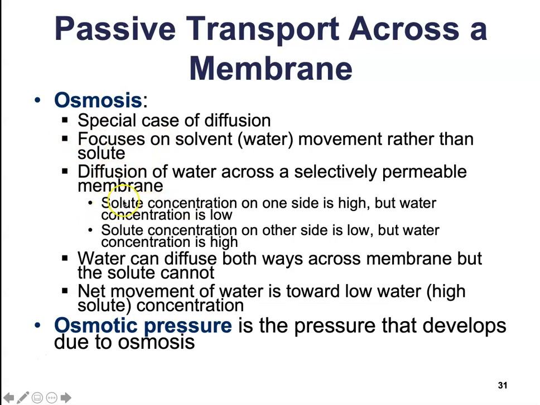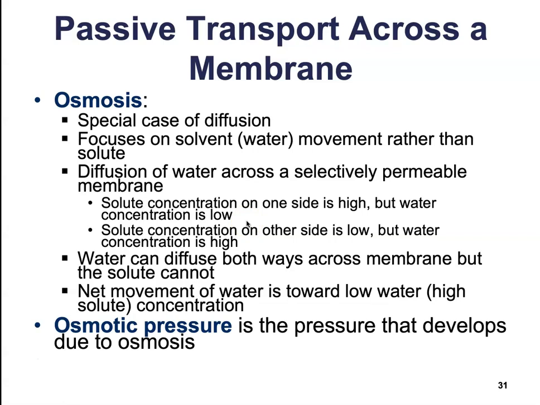It says here, solute concentration on one side is high, but water concentration is low. So if solute concentration is high, that means water concentration is low. If on the other hand solute concentration is low, then water concentration is high. Water, just like any other molecule, will move from high concentration to low concentration.